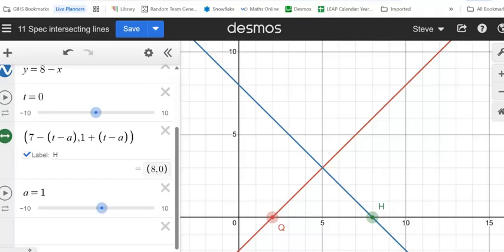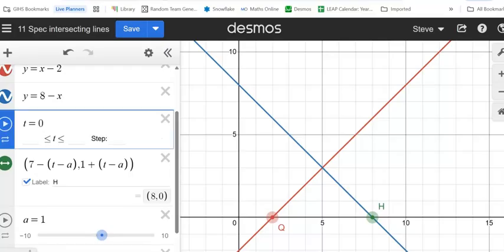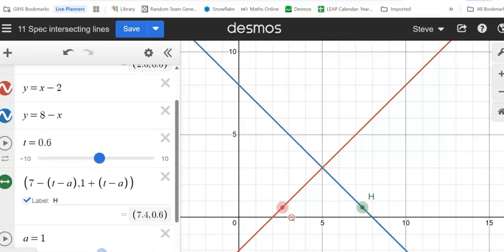It's now moved back to 8, 0, which means if I were to increase time now, we can see that those two objects will actually intersect at that common point at 5, 3. So the lines intersect, and now the actual objects do intersect at that particular time.